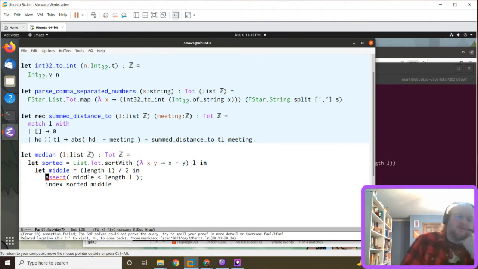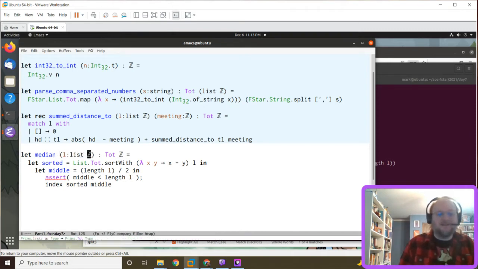Right, so if it's a 0 length list, then we don't have a median. So let's say this only works if length is greater than 1. Greater than 0?